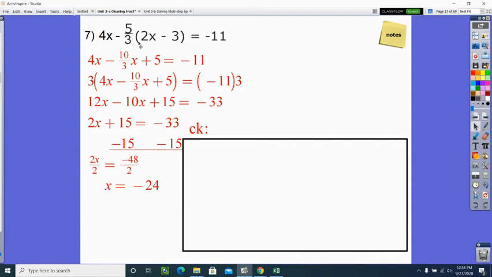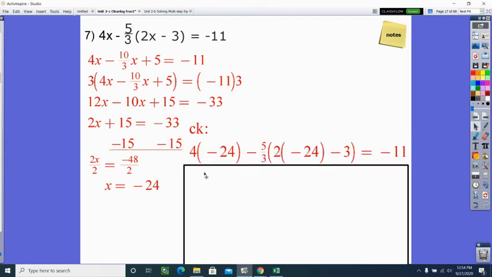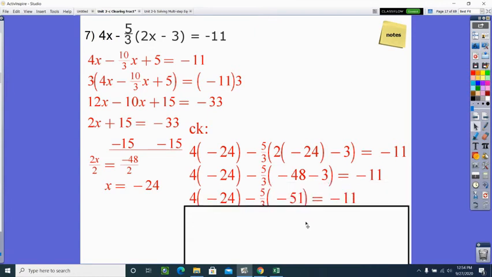I'm going to put that negative 24 back into both x spots. And now it's a giant PEMDAS problem. So I'm going to come in here and multiply and then subtract, still in the parentheses. Excuse me, I'm going to do the subtraction.